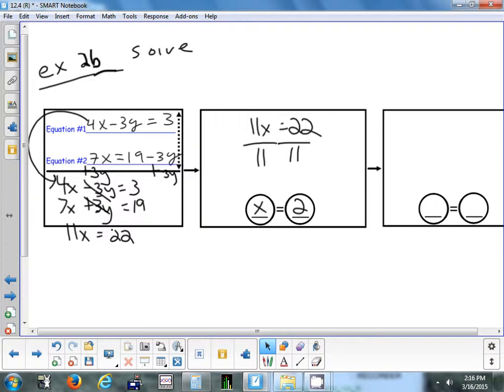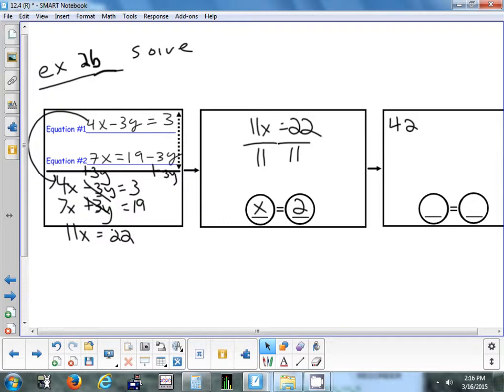Your buddy, Mr. Gushlaw, is down here saying, plug it in. Okay, where? Spencer, where can I plug this in? This one? Okay, so what am I going to write? Tell me, Spencer. 4.